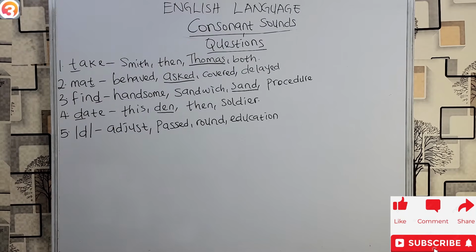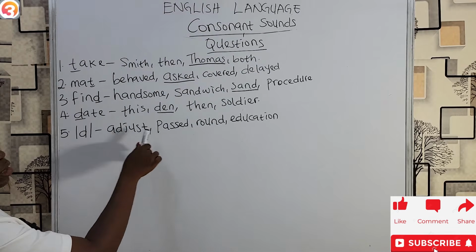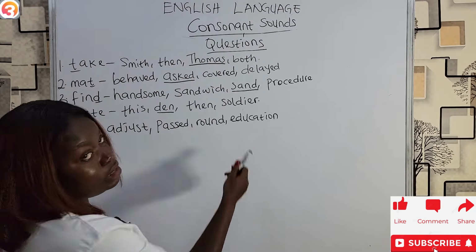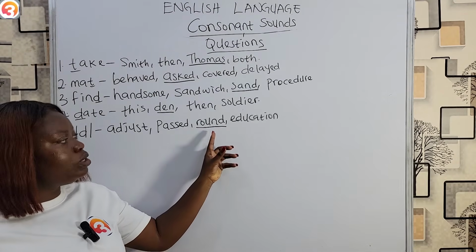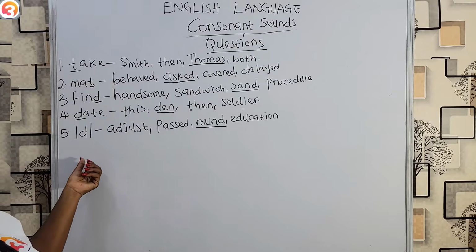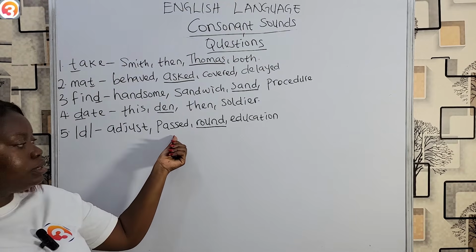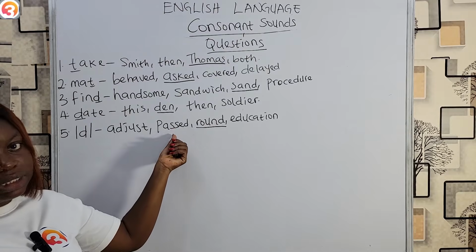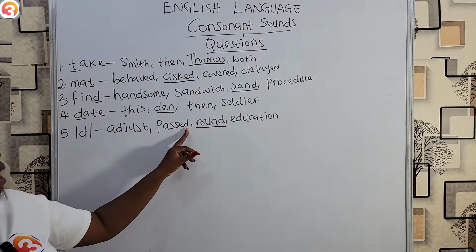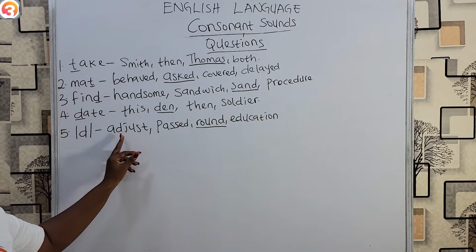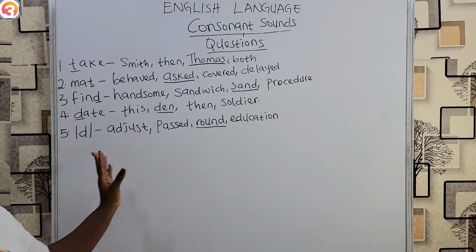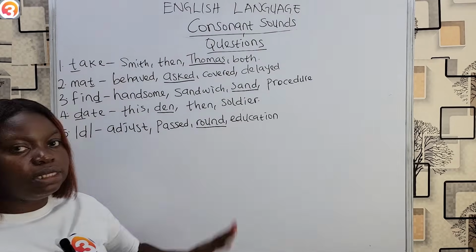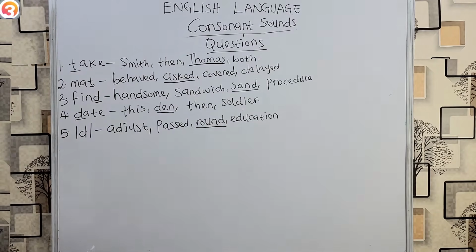The letter could be present, but the sound will not be there. Just like in the case of these options, we have D here, D here, D here, D here. But it is only round that has the sound. Here we have past. The verb is ending in a voiceless consonant sound. So this is not passed, but past. Here we have J coming directly after D. They combine to form another consonant sound. Same thing here, the D here contains a different consonant sound from consonant D.